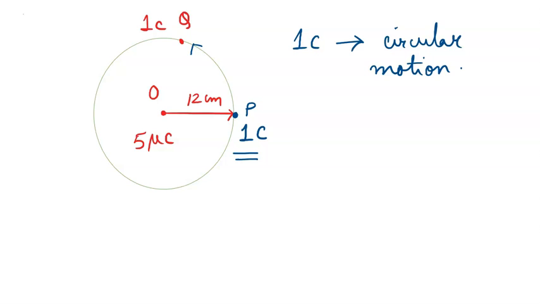So when the charge is at point P, what will be the direction? The direction will be tangential to the circle at that point. That will be the direction of the displacement vector, suppose dr vector. When the charge is at point Q, again tangentially the displacement vector will be directed like this.